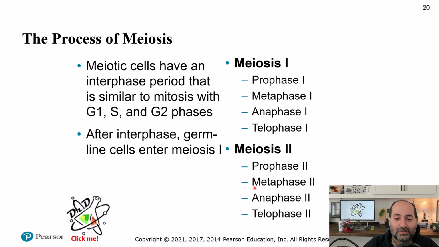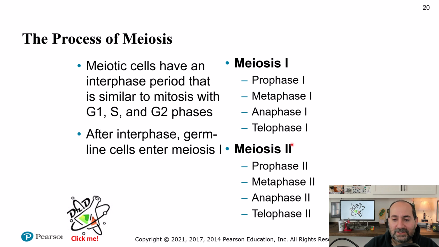Yes. Then in Metaphase II, it was those sister chromatid pairs that line up down the center of the cell. Isn't that what happened during mitosis? Yes. Anaphase, sister chromatids separate from one another. That's the same as mitosis. Telophase, those sister chromatids move to opposite ends and form new daughter nuclei.